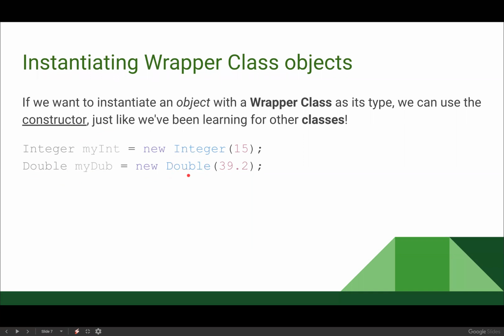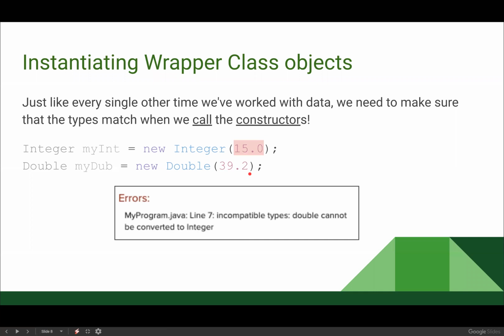I'm going to use my Double constructor, pass a double parameter. Just like any other time we have worked with data, you need to make sure that the types are matching. So I can't pass 15.0 to my Integer constructor because I can't convert a double to an integer. So just need to always make sure that we are using the right type of value. It's the same here as it has been pretty much everywhere else.